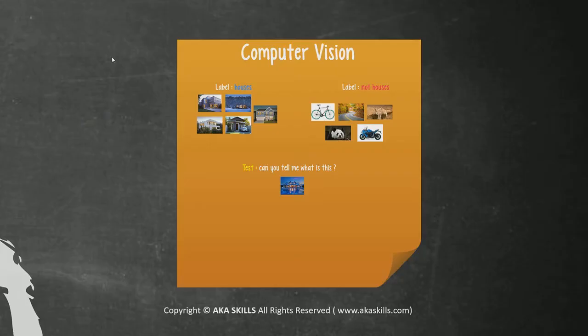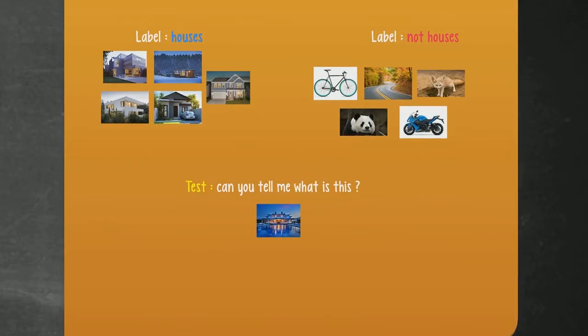So let's see an example that shows us more of this problem. Let's say we want to learn about picture classification, which is in the field of computer vision. We have pictures of houses, we have pictures of things that are not houses, and we have a test picture.